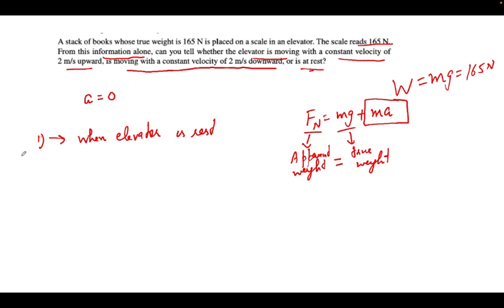So number one case, when acceleration can be 0, is when the elevator is at rest. So this is possible. Second, when the elevator is moving with constant velocity either up or down, there is no change in velocity.